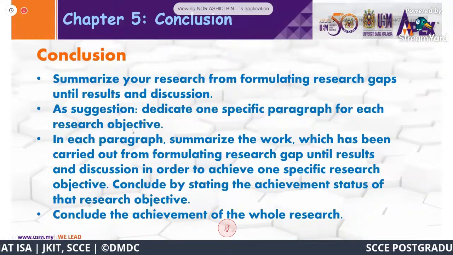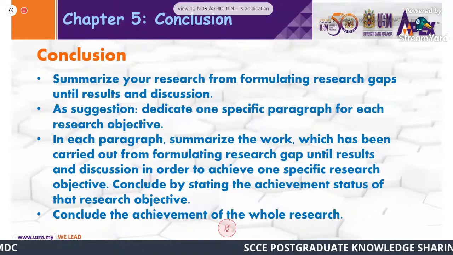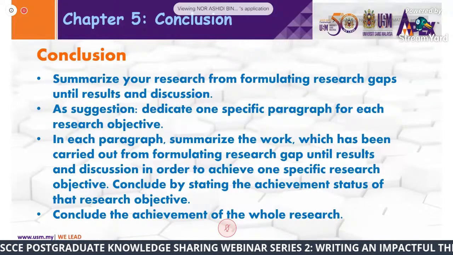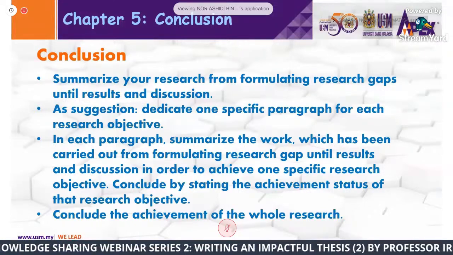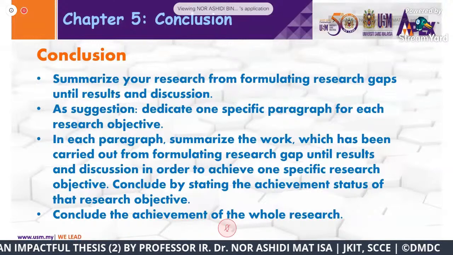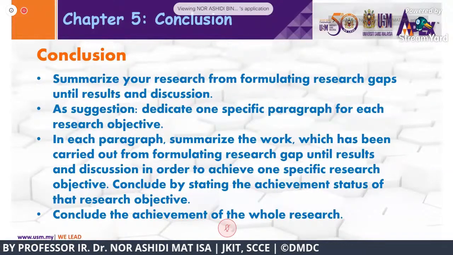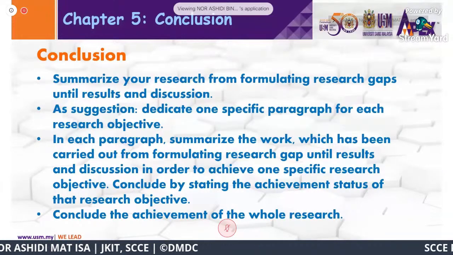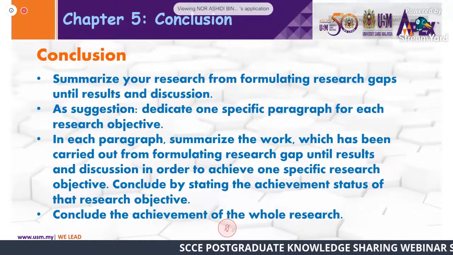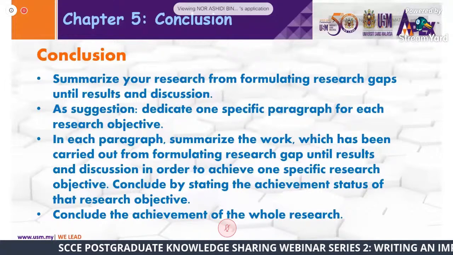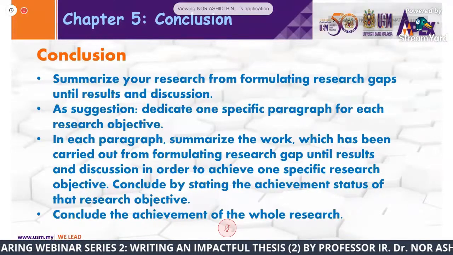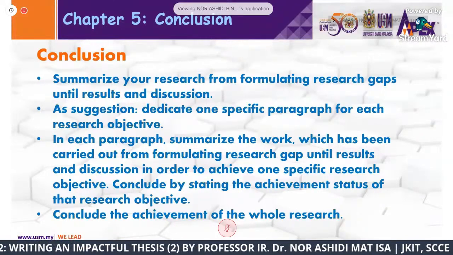For example, the problem is people do not use... I give you an example for the conclusion. How do you want to conclude everything? Let's say by research gap, people use other criteria to evaluate or to differentiate between normal, low grade, and high grade. People do not use chromatin irregularity, for example, chromatin criteria.